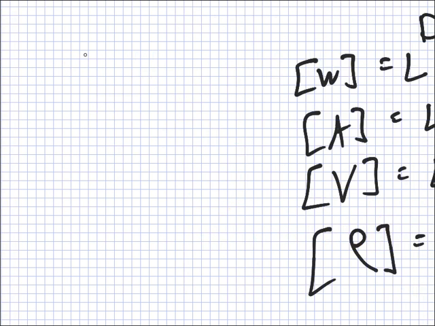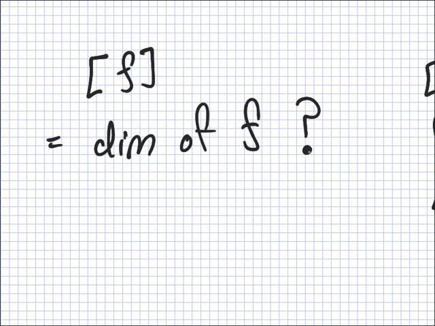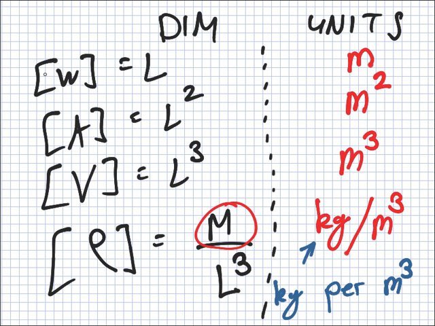So just so you're clear, if I write this, this means the dimension of W. So when I write this, I'm saying what is the dimension of W? It's length. Good? Got it? Okay, let's continue.